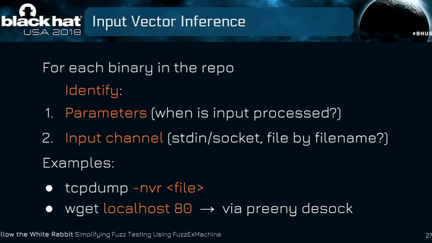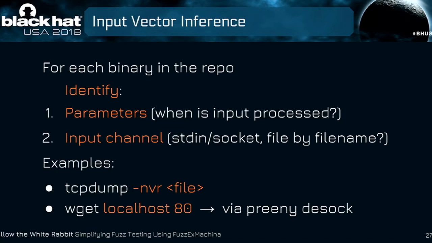I want to quickly note here that normally network fuzzing is a non-trivial task. So what we do is we leverage great existing software. In particular, we leverage the desock library out of the preeny package, which hooks libraries.